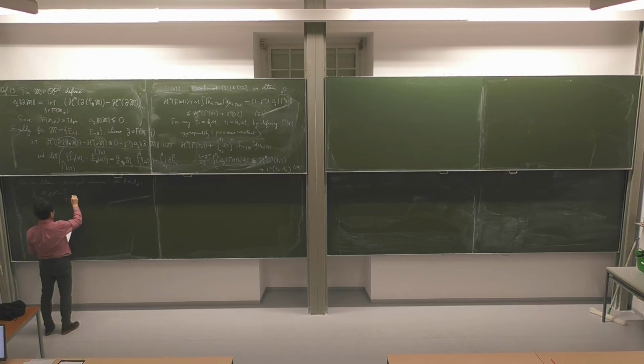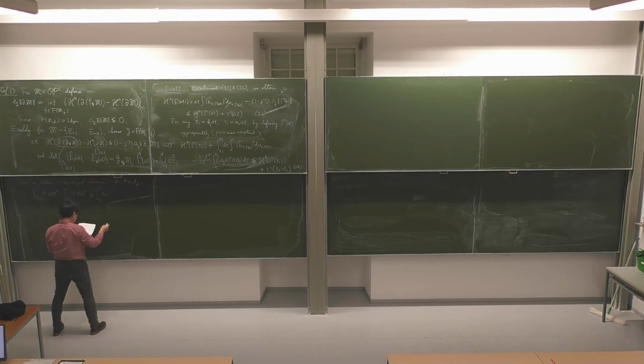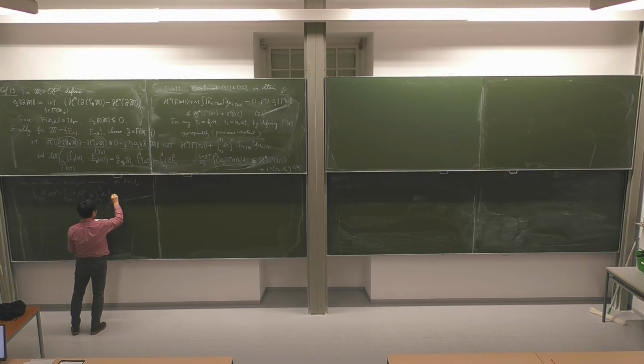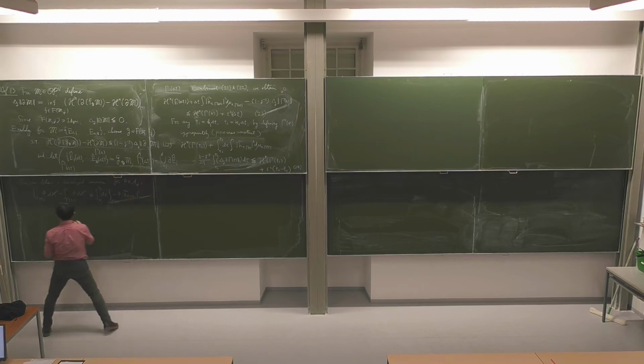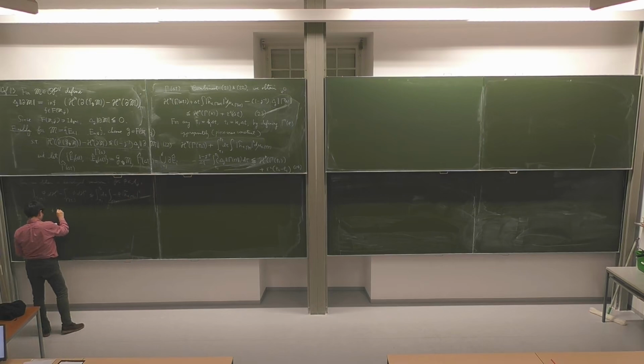The idea is very similar. This is less than or equal to the integral from t1 to t2 dt, and here it is a little bit more complicated, but not so different: minus phi H tilde squared, plus you have this derivative term.